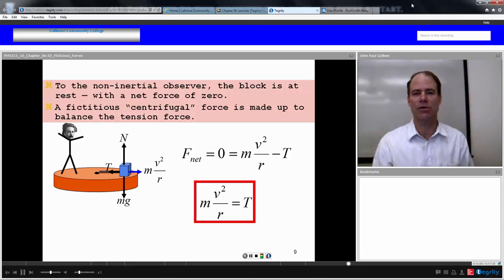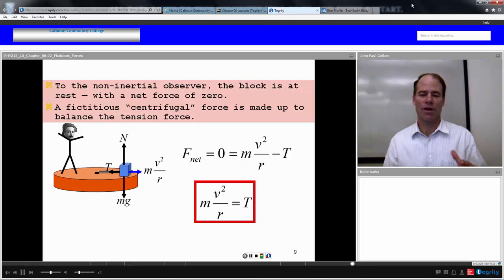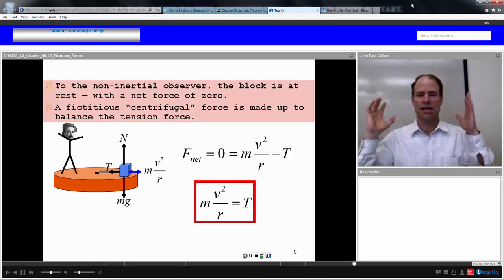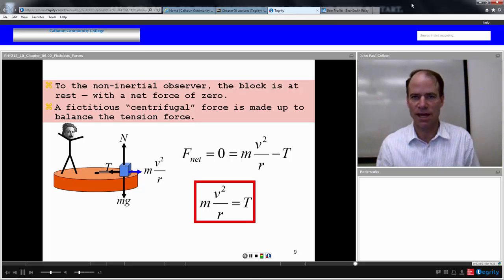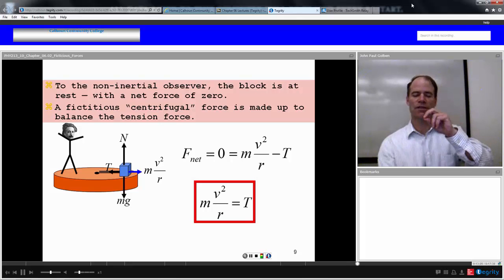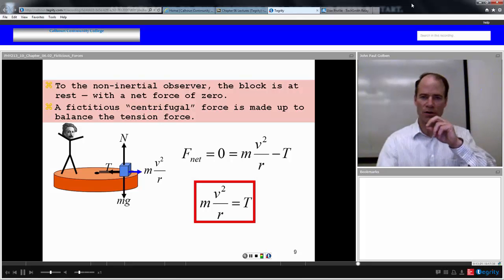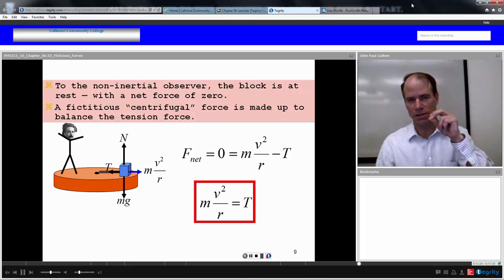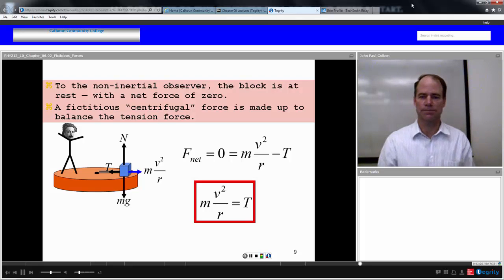So if you were at the equator of the Earth, you would be traveling at a speed, just due to the Earth's rotation, greater than 1,000 miles per hour. However, if you're at the North Pole, you're just kind of moving around like this, and so over the course of a day, you really have no velocity. So a person at the equator is moving at 1,000 miles per hour. The person at the North Pole is stationary, basically.